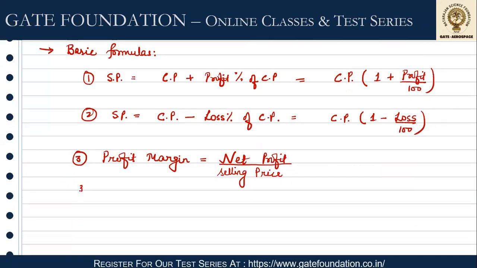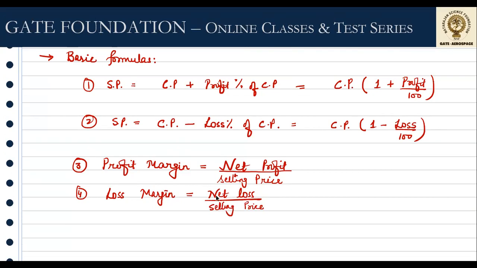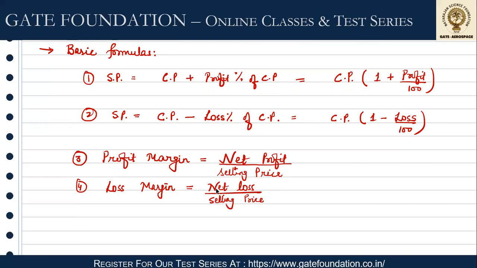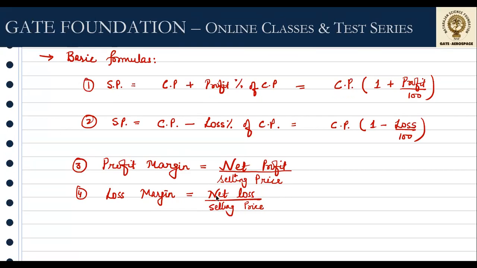Similarly, if you talk about loss margin, so जो margin calculate किया जाता है that is always with respect to selling price. So net loss over selling price. ठीक है, तो margin हमें यहाँ से मिलता है. These are the basic things that we need to use over here. Give me 1 minute. I'll take some of the questions.